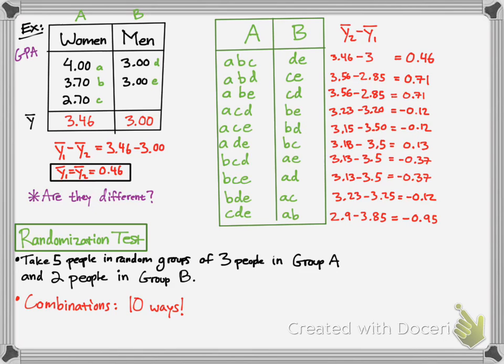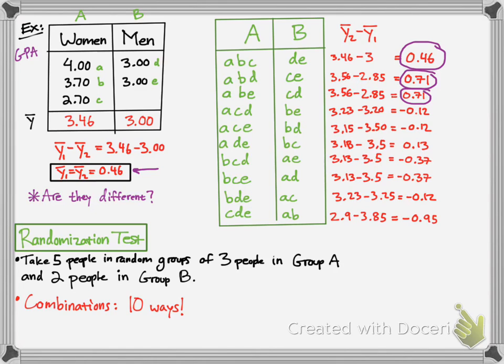So now comes the question, which are different? Which are greater than that 0.46? So we have 0.46, which is greater than or equal to, so that does count. We have 0.71, which is greater than or equal to 0.46. We also have this one as well. And these are negative, so not quite.